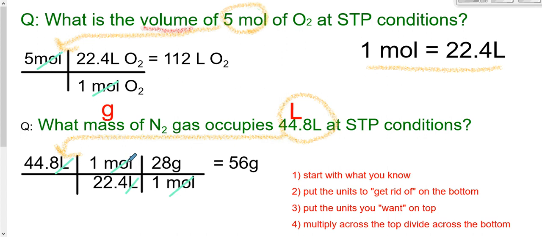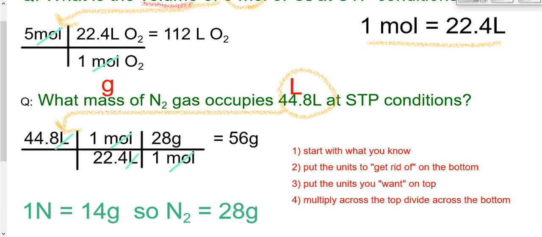Oftentimes, kids want to solve at this point for moles and then use that to change to grams, and you're welcome to do so, but we can also continue on the same factor label line. Extending this line a little further and cutting it off one more time, I now want to get rid of the word moles and write it on the bottom and change it to grams, so I write grams on top. Where do these numbers come from?